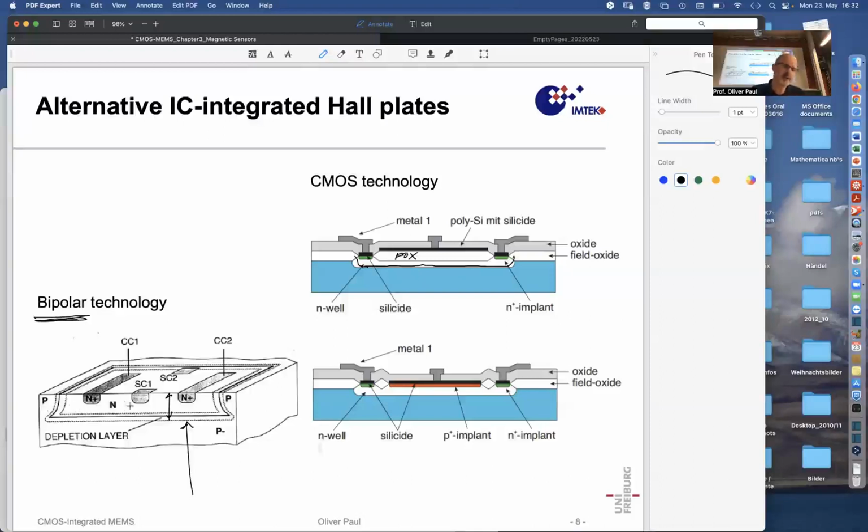And then in this N layer, of course, there are some additional diffusions, N plus here, and those are also N plus, of course, for sure, reaching into the device.